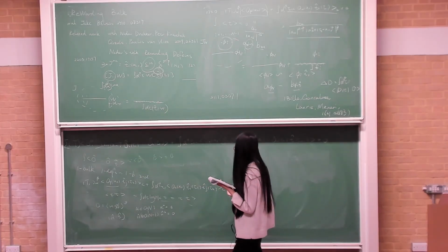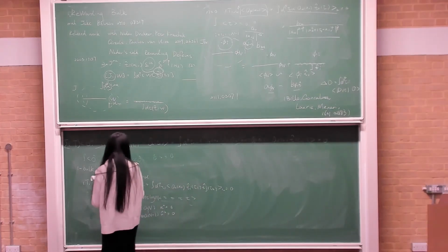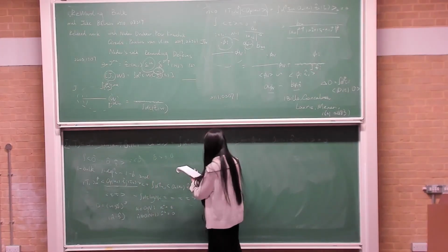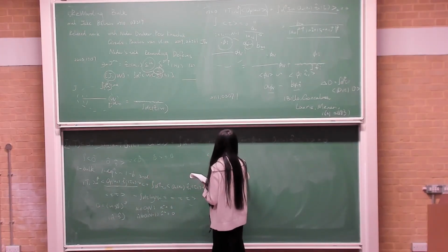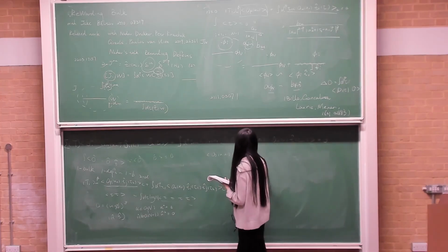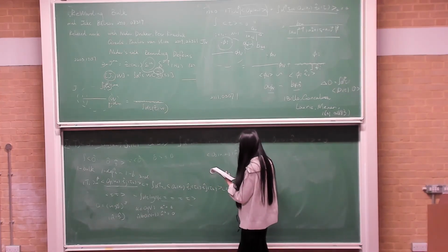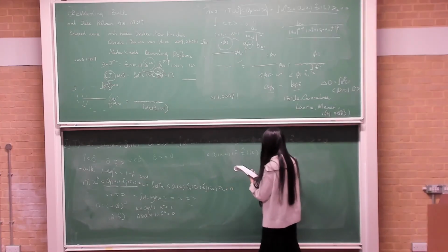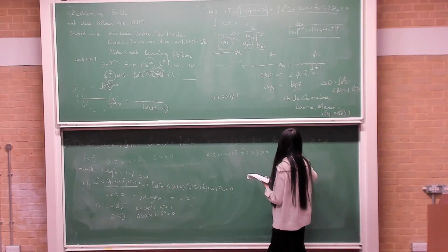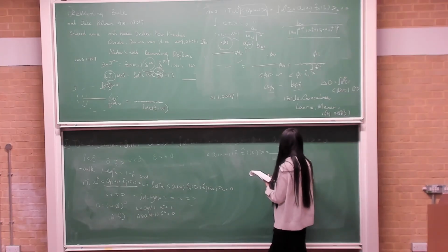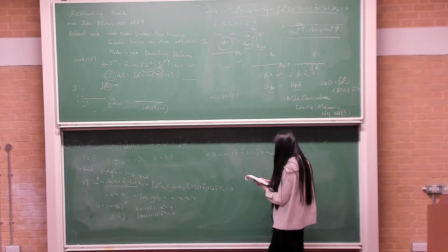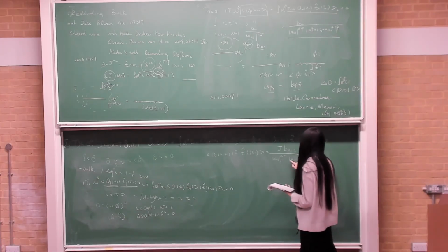So what I have is that this 2-point function now becomes O_j(u, x) dot, and here I use this for short.